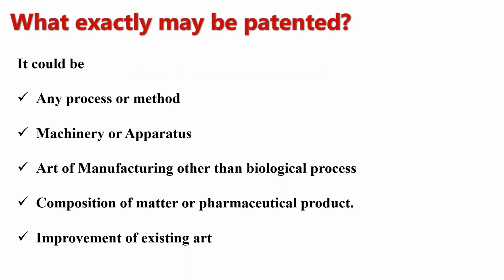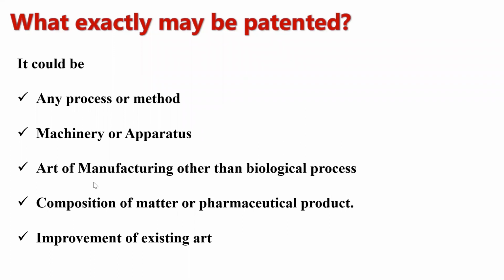What exactly may be patented? This is important: a patent can be given for a process or method. It can be machinery, it can be apparatus, or it can be the art of manufacturing other than a biological process, and it can be a composition of matter or pharmaceutical products, or it can be an improvement of the existing art.